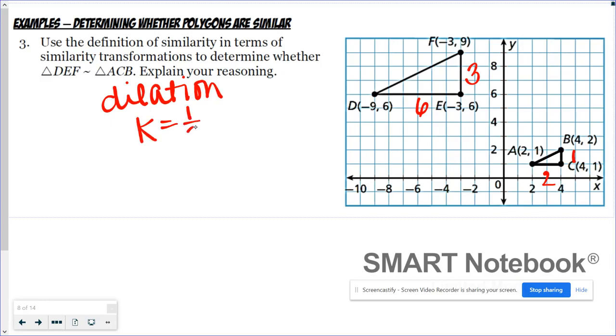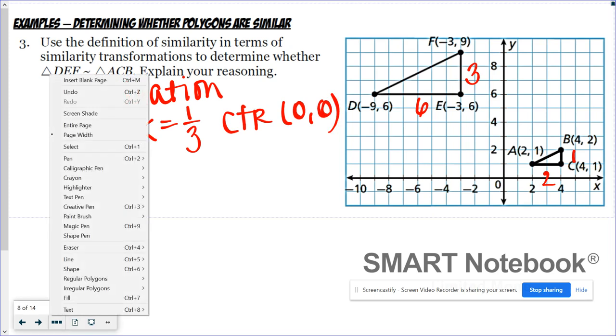Now, when you are describing similarity transformations, I would keep it simple, meaning keep your dilations with a center of dilation at (0, 0). I think that's the easiest thing to do. And so if I do that dilation, what I end up with is this.